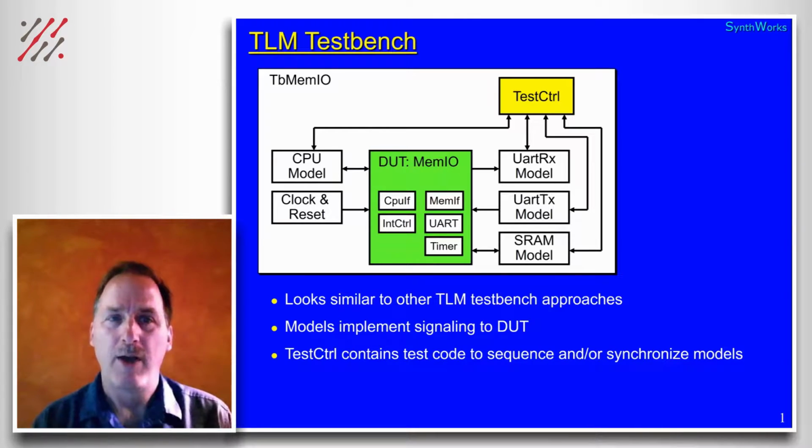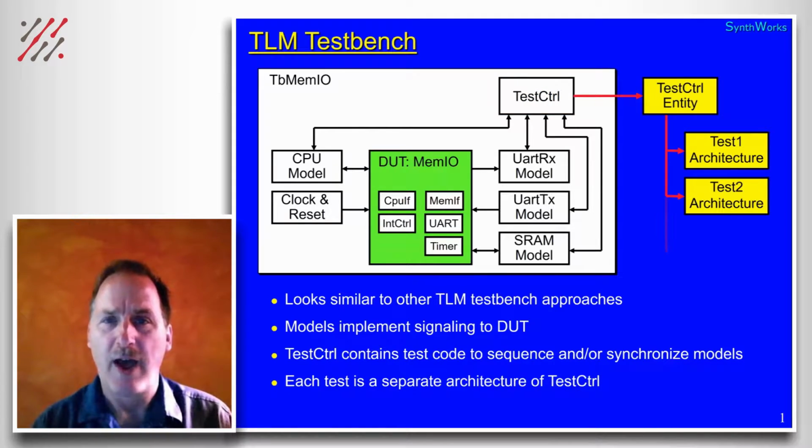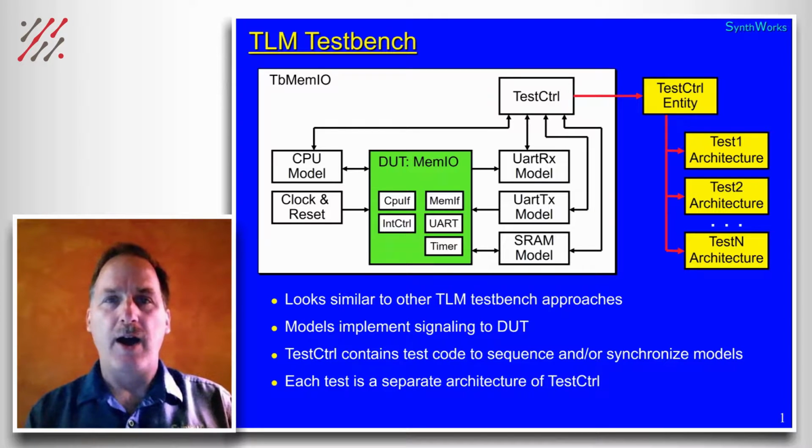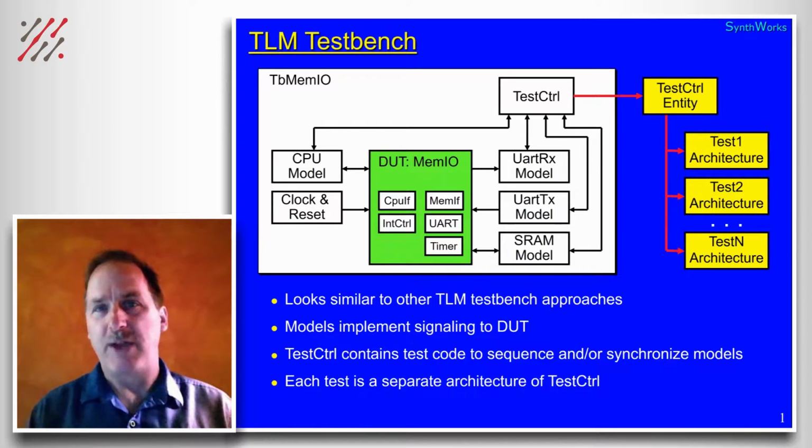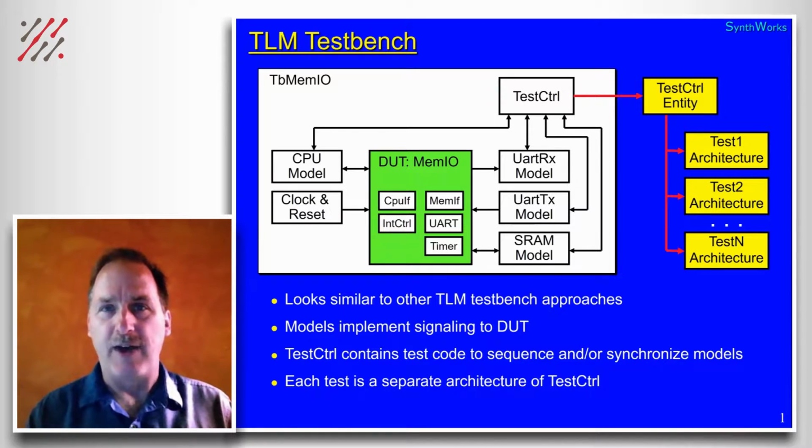For low flow models such as a CPU, where we're issuing CPU reads and writes, we'll just have the actual code in there. For other models that do a high volume of data handling, such as an Ethernet packet or something like that, the synchronization might be go grab the next packet from the file.